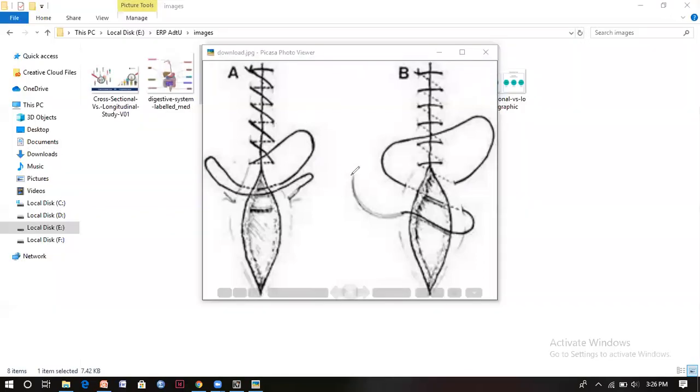In continuous, we used to have a point which is A, okay? This A point used to be there, okay? And then in this part, we will tie a knot, okay? And then it will go on continuous, okay? You will tie a knot, then you will go on in zigzag pattern, okay?